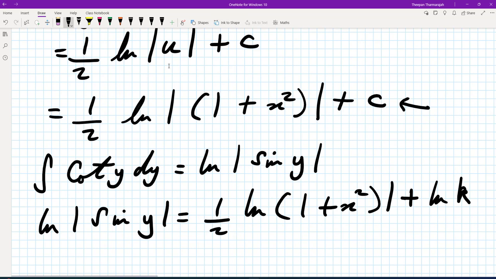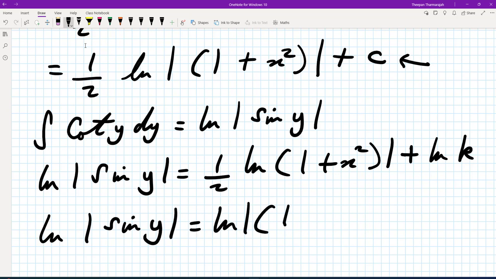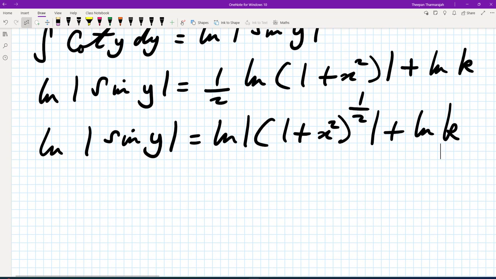We do that because we can manipulate the laws of logs. So we can say that what we have here is ln sine y is equal to ln of 1 plus x squared raised to the power of a half plus ln k. Now from the laws of logs, when we add logs, we multiply them.